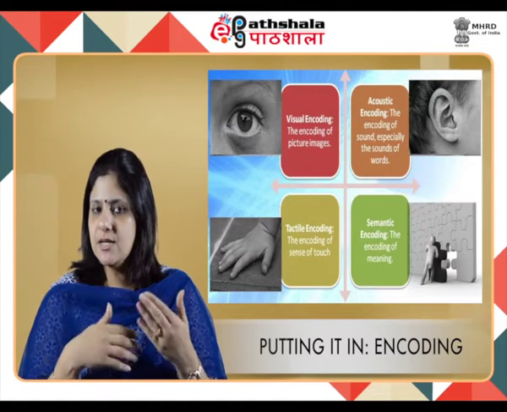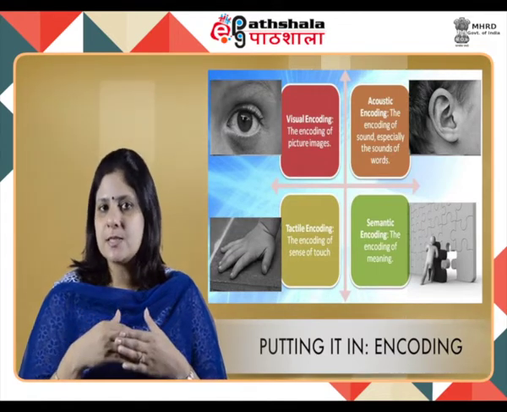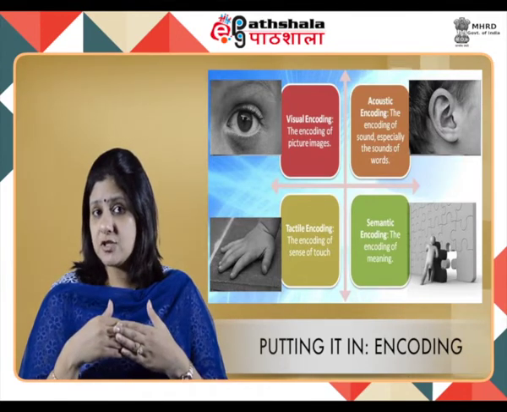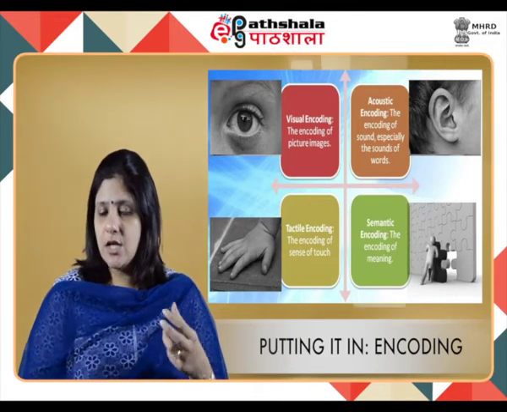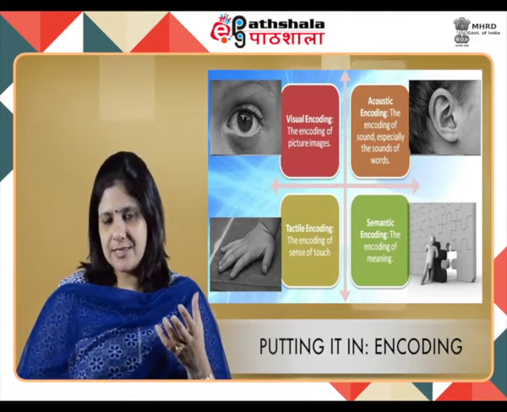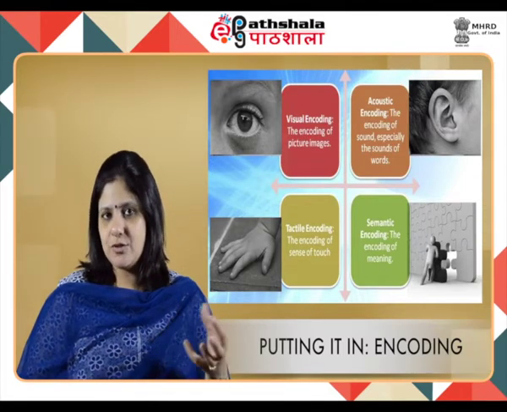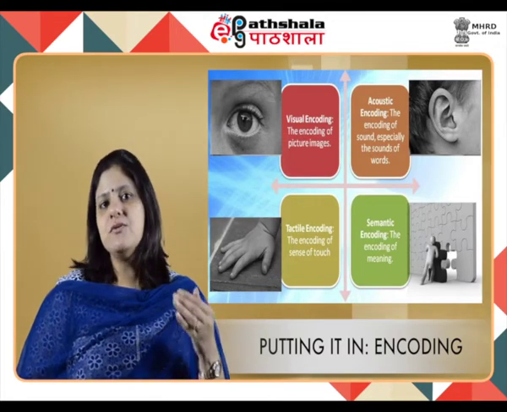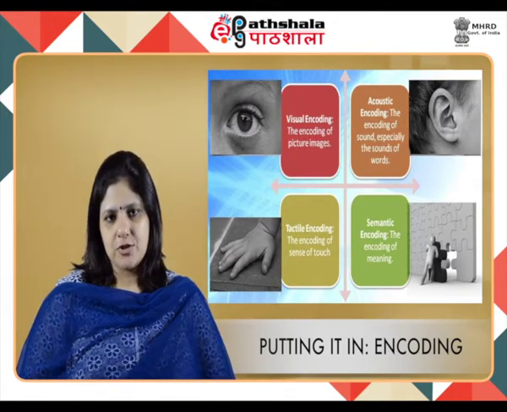Your electrical neurons will start working, and your brain will start processing the auditory information that you have heard. So the two aspects we have seen in encoding are any sensory information, not exactly auditory, it could be visual also, and the brain will use it further to give meaning to that sensory information.